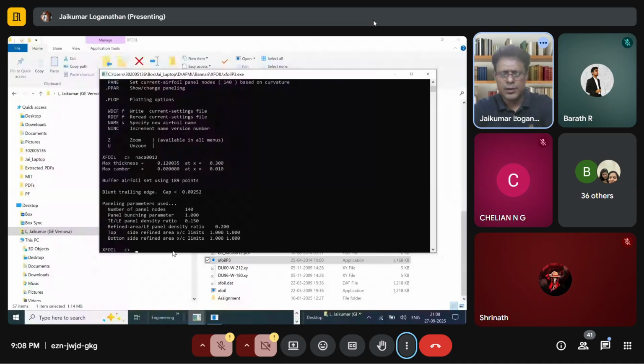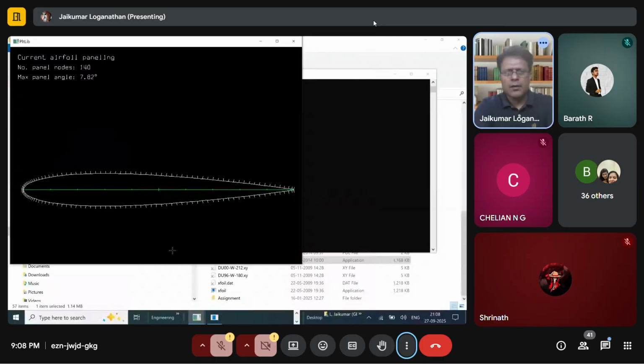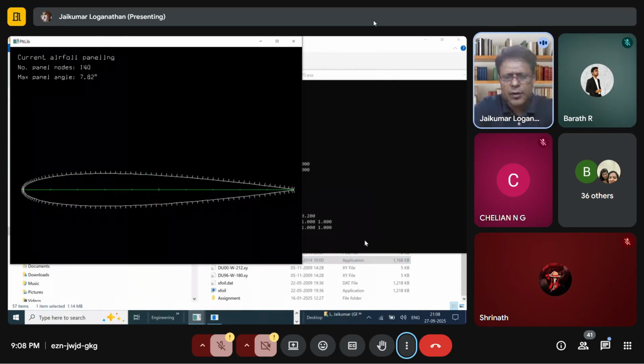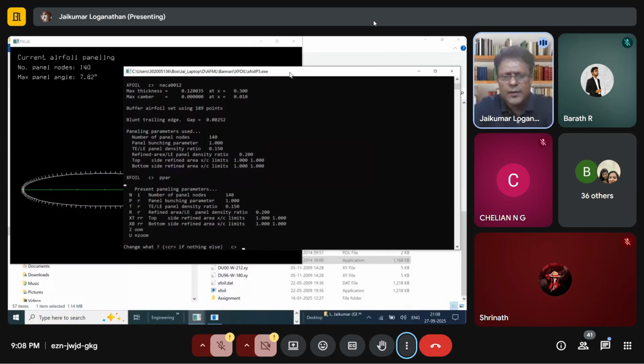If you just put the panel parameter, which is called PPAR, immediately you can see the airfoil and the distribution of points. Here, if you want to change the number of points on the airfoil, you can change it. It's asking what you want to change.